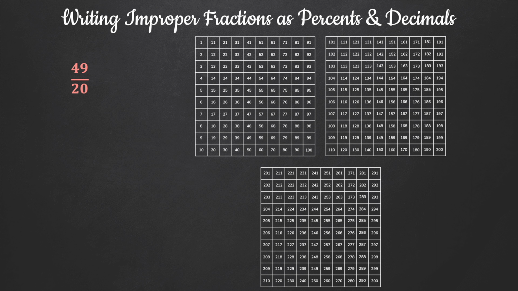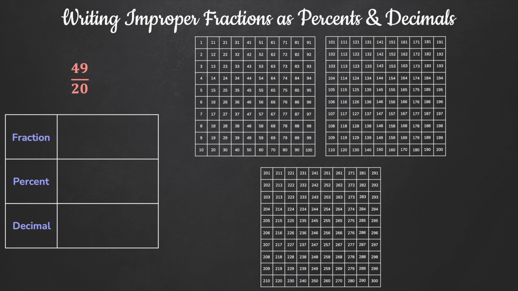Next, we have 49 over 20. And this one is hard to shade in because our fraction is not out of 100, it's out of 20. So what we're going to do is find an equivalent fraction that has a denominator of 100. So we know that if we take our denominator 20 and multiply that by 5, we get 100. However, whatever we do to the denominator, we need to do to the numerator as well.